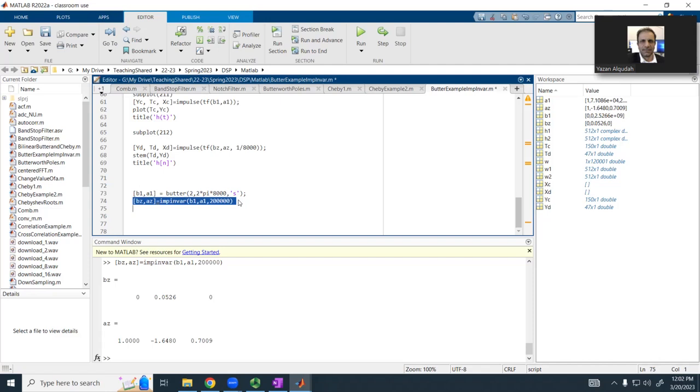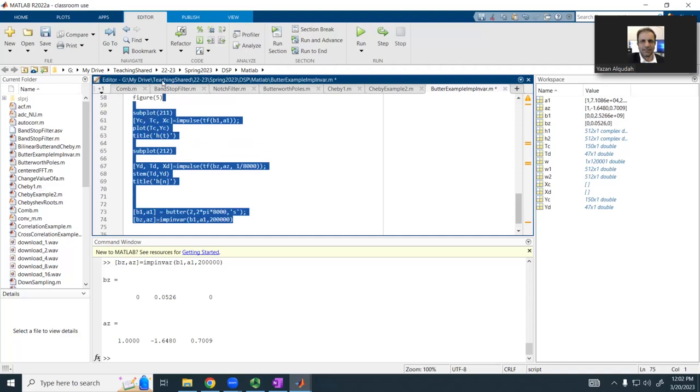Make sense? Impulse invariance. This is the Butterworth filter, second order, with cutoff frequency, and it's going to give you the numerator and denominator. And the second is going to give you the conversion using impulse invariance.